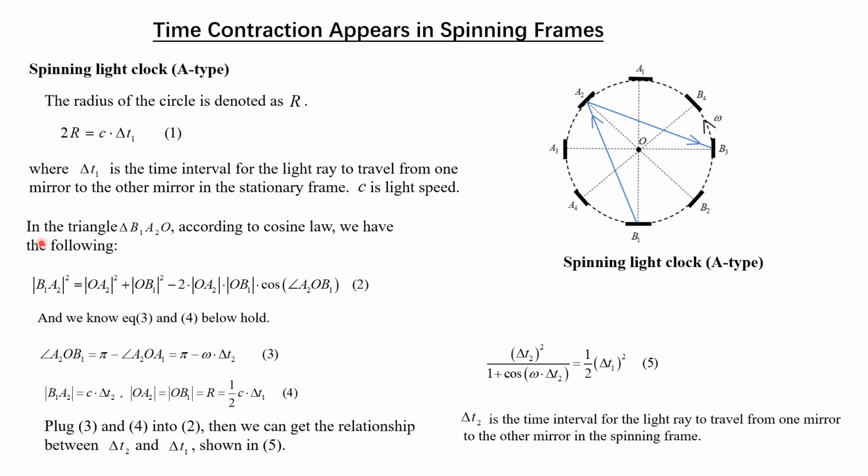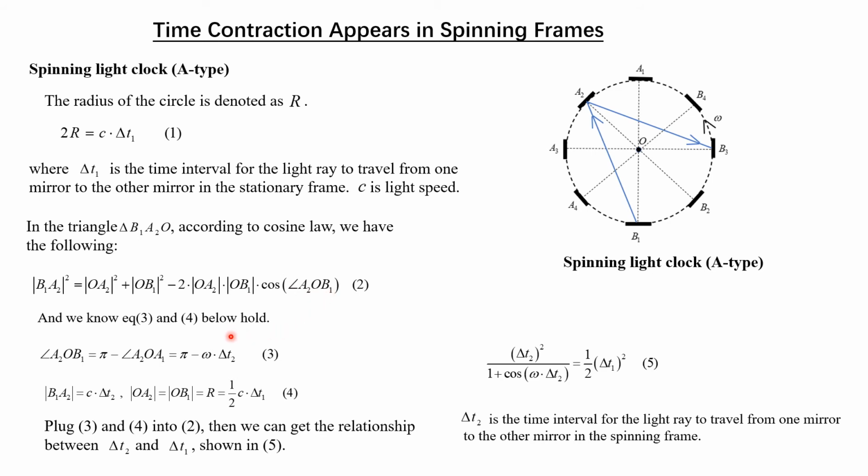In the triangle B1A2O, according to the Cosine Law, we have the equation 2: B1A2 squared equals OA2 squared plus OB1 squared minus 2 times OA2 multiplied by OB1 multiplied by cosine of angle A2OB1.